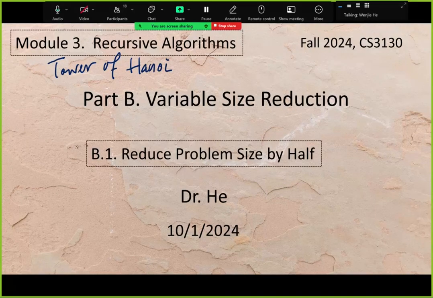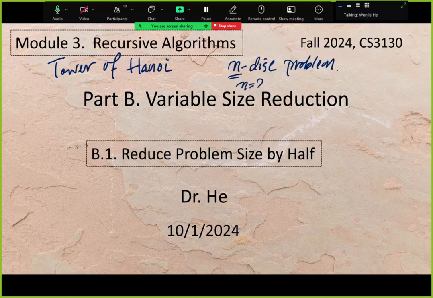The first question is, so here we are talking about the n-disk problem, the general n-disk problem. In our example, we did the n equals 3 case.